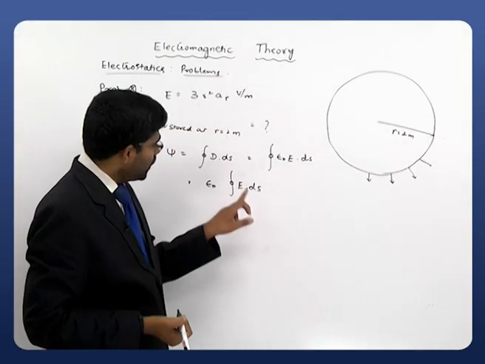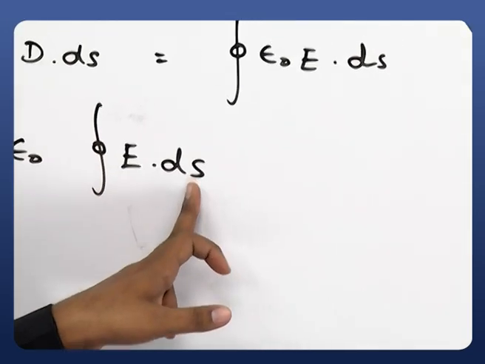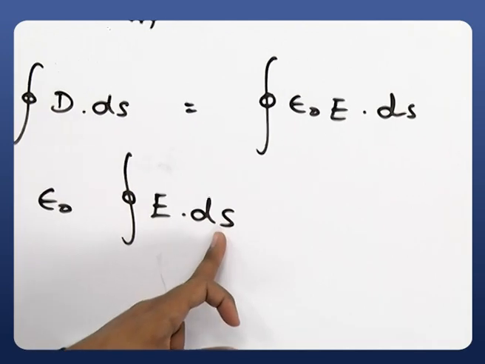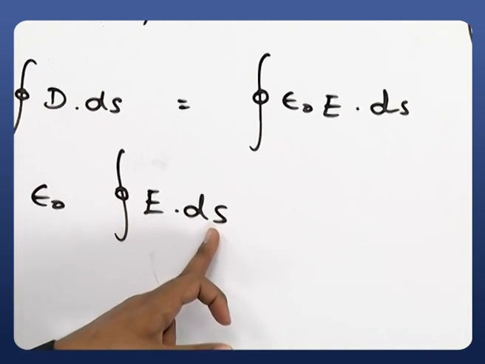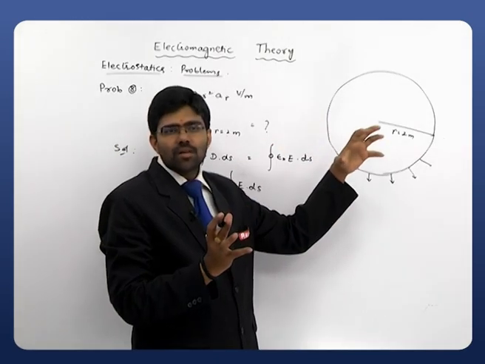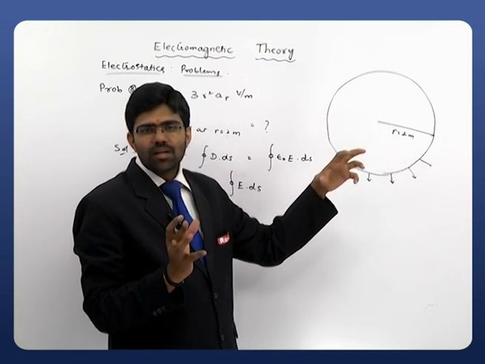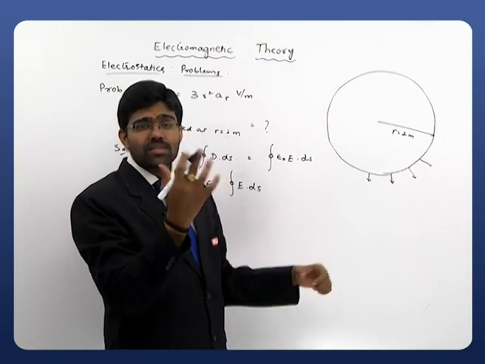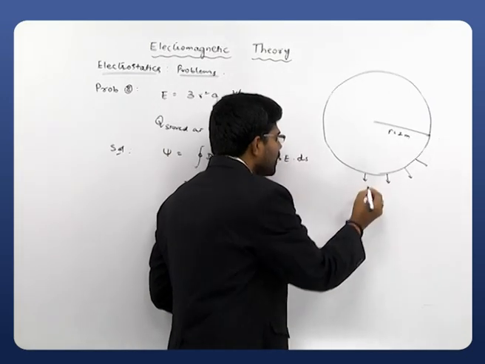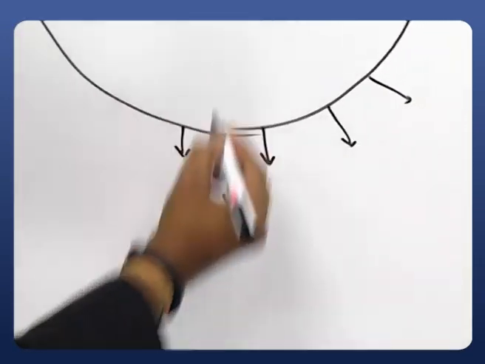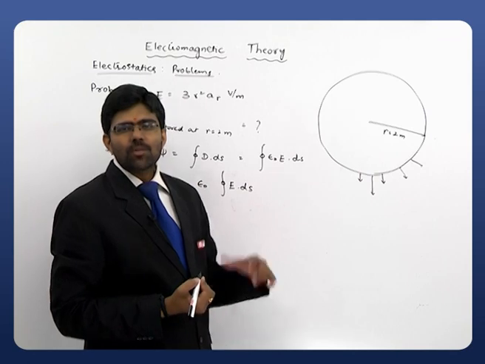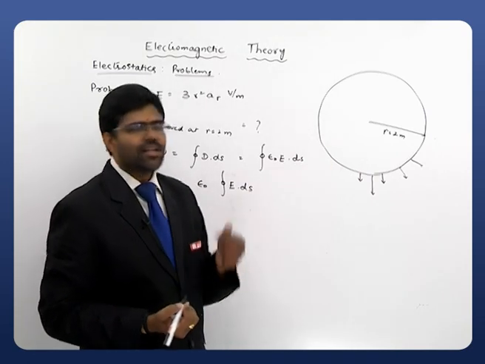So here E is available, but we don't know what ds is. The differential surface will be obtained for a spherical coordinate system, for the sphere that we are considering, right? For that sphere, in which direction is the differential surface given? The differential surface is given in the radial direction. So we are supposed to take the equation of ds in the radial direction.